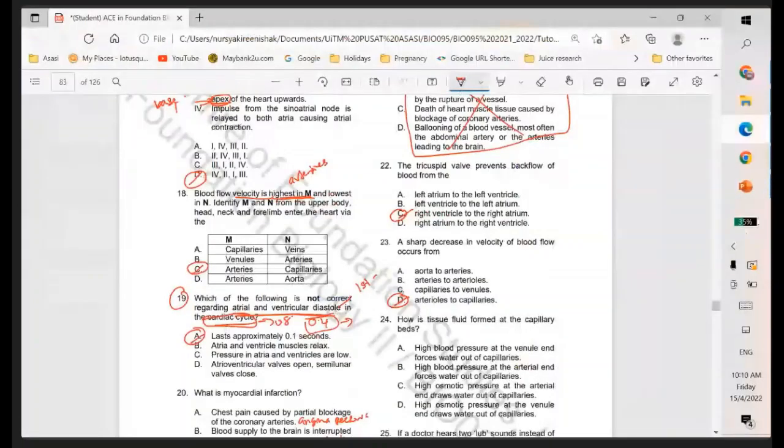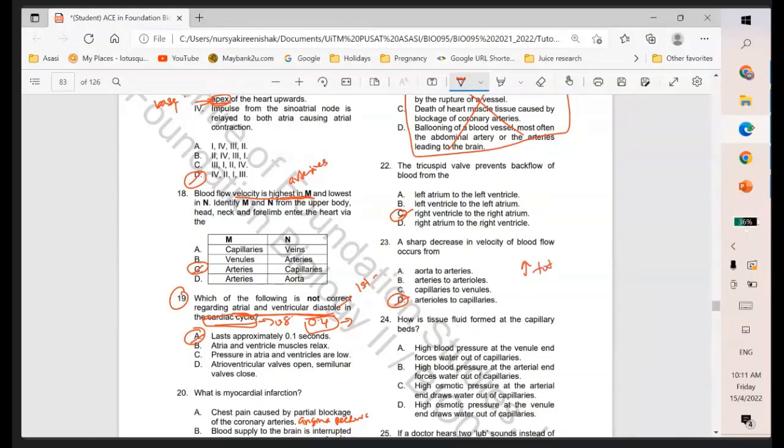Kenapa darah yang mengalir itu daripada aorta kepada artery, kepada arterioles, kepada capillaries, the velocity of the blood that flows in all these vessels decreases. Due to what? The increase in total cross-sectional area.